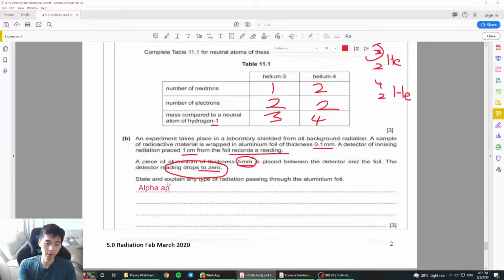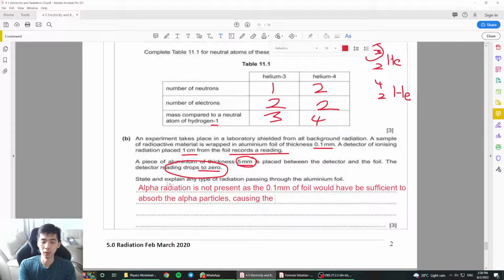Alpha radiation is not present as the 0.1 mm of foil would have been sufficient to absorb the alpha particles, causing the reading to drop significantly. Beta particles are present.